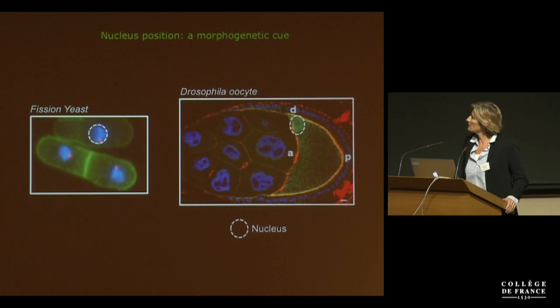In many oocytes, such as the Drosophila and also the Xenopus oocyte, the position of the nucleus inside this cell will actually define the future axis of the embryo. Here you see that the location of the nucleus will define the dorsal-ventral axis of the future embryo.